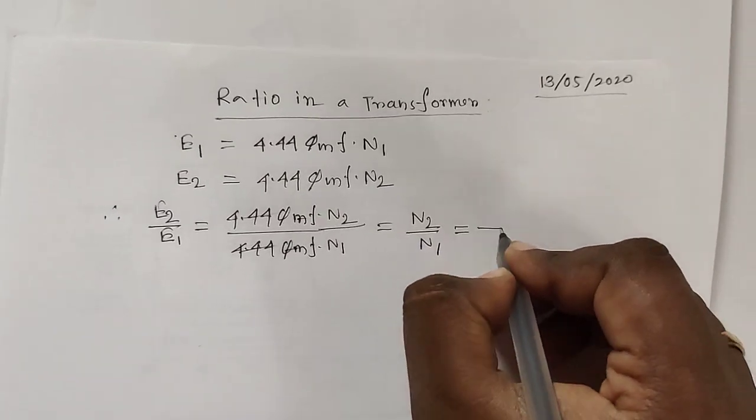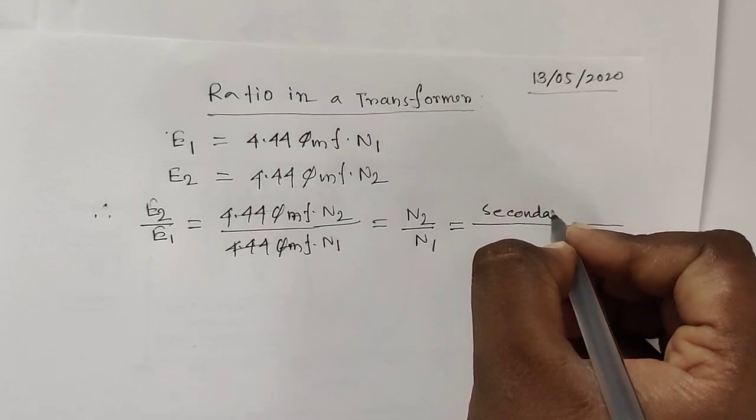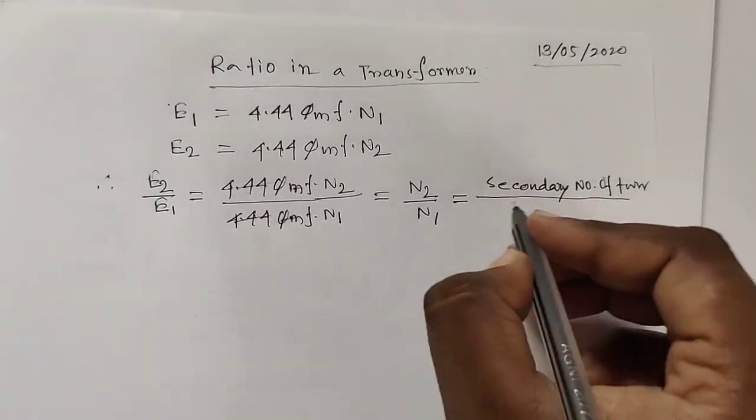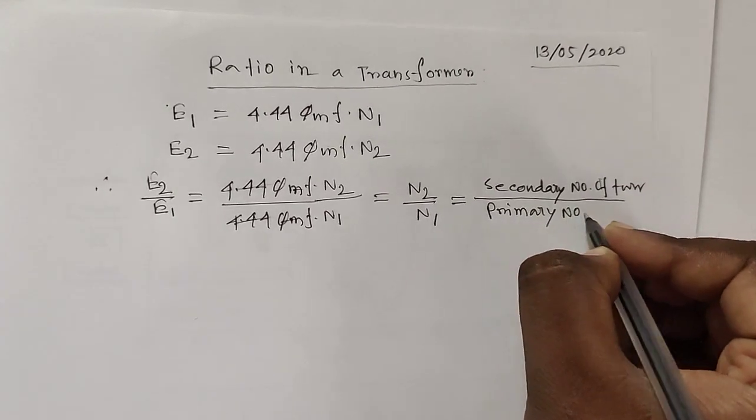That means N2 is the secondary number of turns, divided by N1, the primary number of turns.